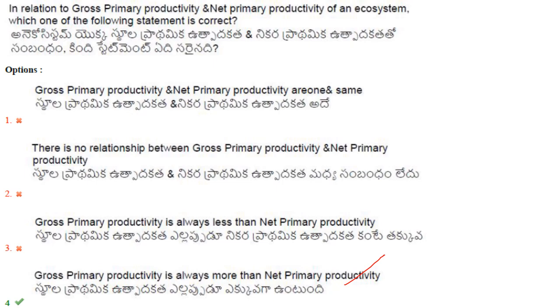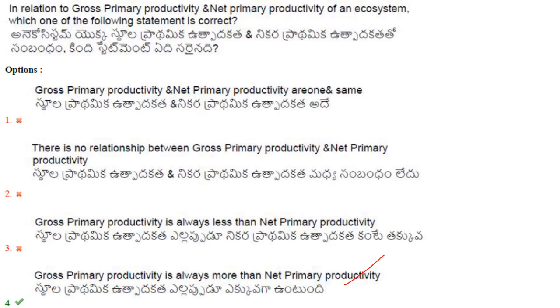The next one. In relation to gross primary productivity and net primary productivity of an ecosystem, which of the following statements is correct? The total amount of biomass generated by producers is known as gross primary productivity, and after being used for respiration and lost as heat, net primary productivity is the amount of biomass of producers that can be passed on to the next trophic level.